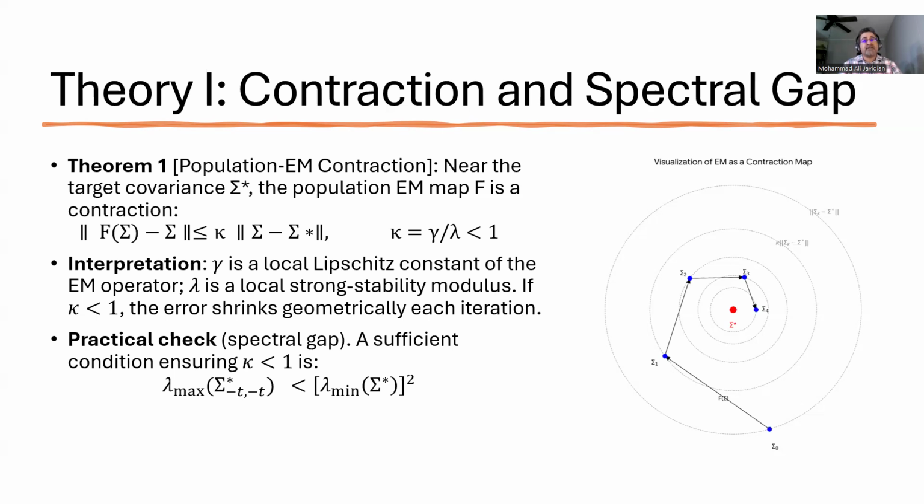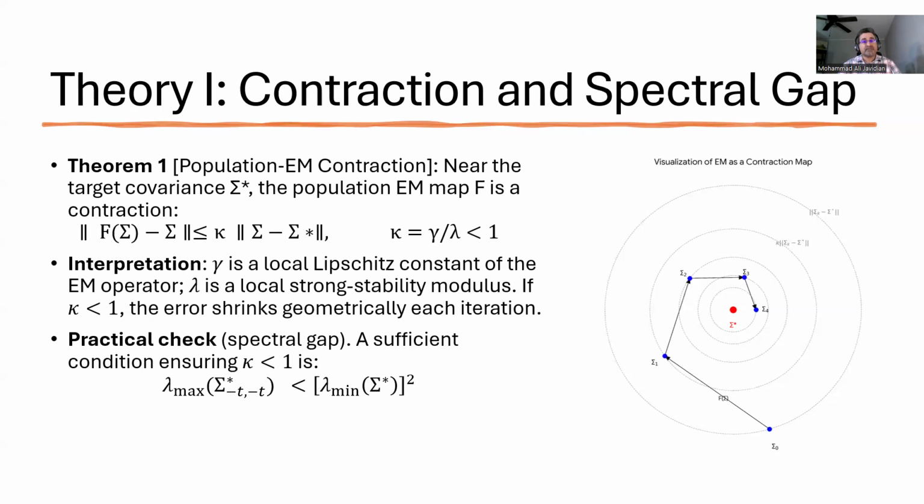It is gamma divided by lambda. Gamma means how sensitive the EM update is. More sensitivity leads to larger kappa. Lambda means how stable things are around sigma star. More stability leads to a smaller kappa. So a smaller gamma or larger lambda means faster convergence.